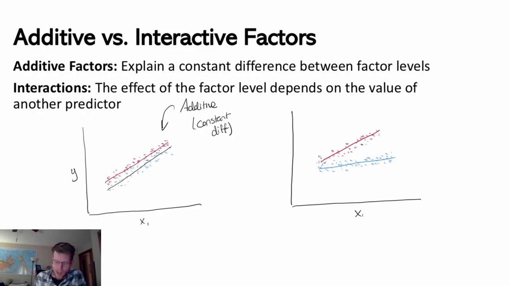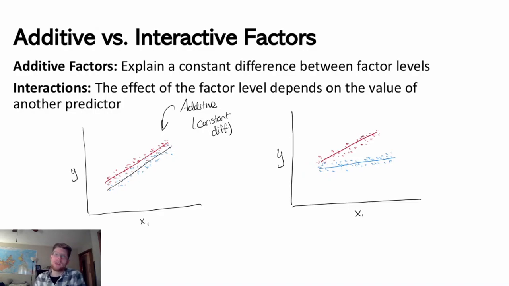Because we might notice that when x sub 1 is high, there is a bigger difference here, right? So there is a bigger effect going on between these two levels. But when x sub 1 is smaller, that difference goes away, and the factor level really doesn't matter that much.